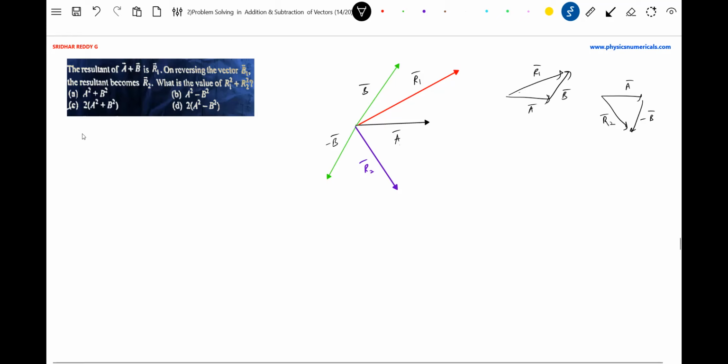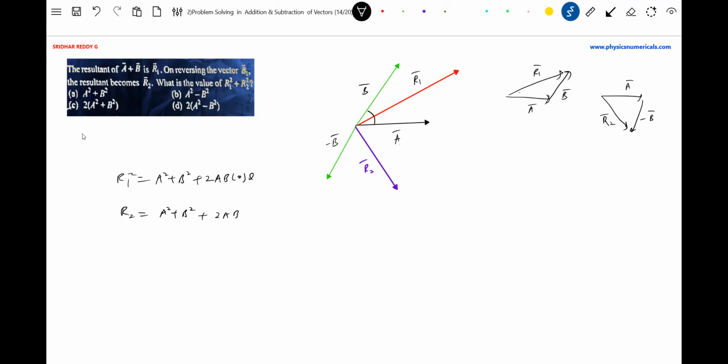Then what is the formula? Looking at this, for addition of vectors, R1 square equals A square plus B square plus 2AB cos theta. For subtraction of vectors, A square plus B square plus 2AB. What is the angle between A bar and minus B bar? If this is theta, what can this angle be? It is 180 minus theta.